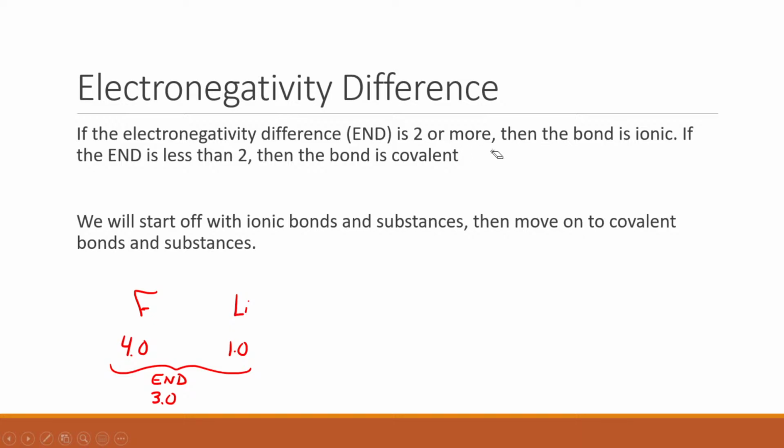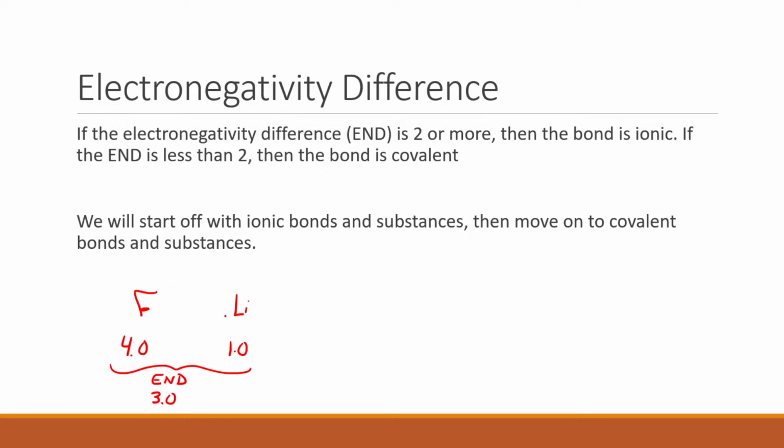Now, what does that mean in easier, simpler, non-technical terms? This means that when fluorine and lithium come together, fluorine is going to take an electron away from lithium. Fluorine is so much stronger than lithium that it's not even a tug of war, it is just straight up theft. Fluorine is just going to steal lithium's electron because it has a so much stronger pull.